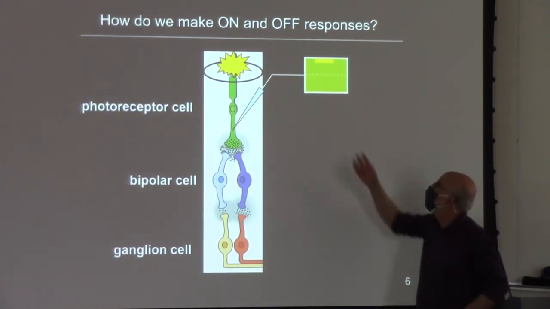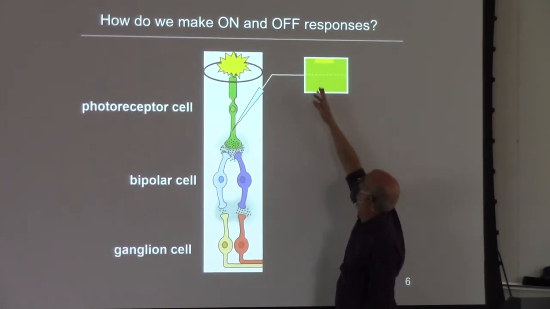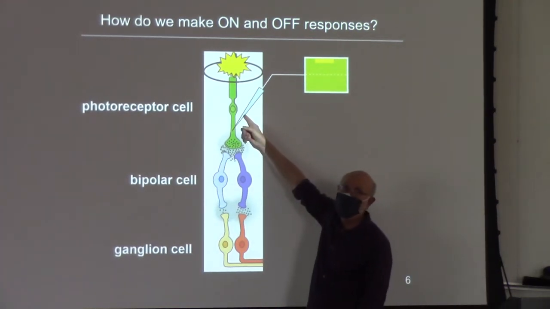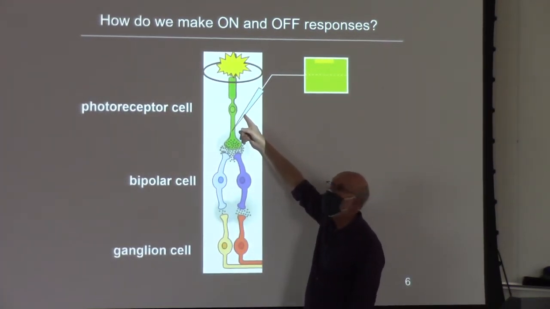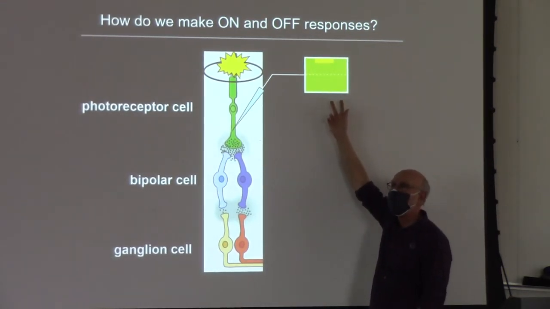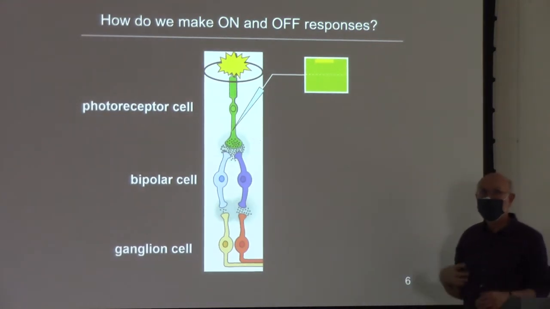So this is voltage as a function of time. Because we're measuring voltage with this electrode, what is this image going to look like? What happens to voltage when light hits it, the yellow bar? It hyperpolarizes.